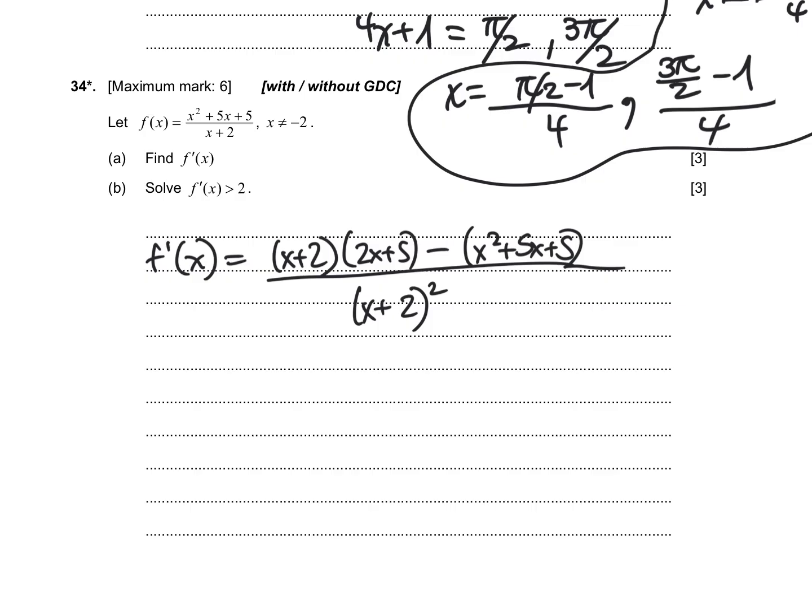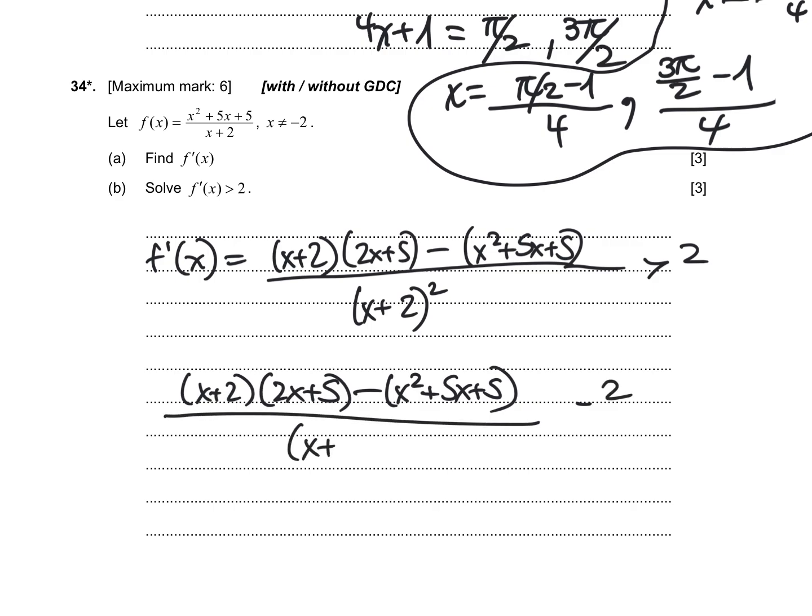So solve f greater than 2. All right, so if we subtract 2, we have to make the same denominator. So we want to know when that's greater than 0.